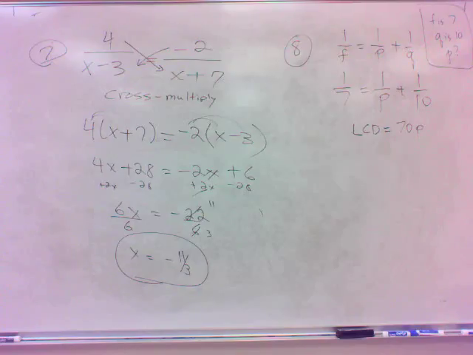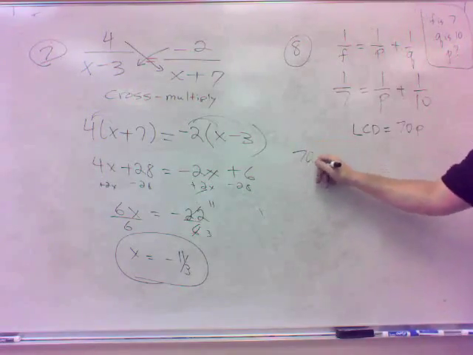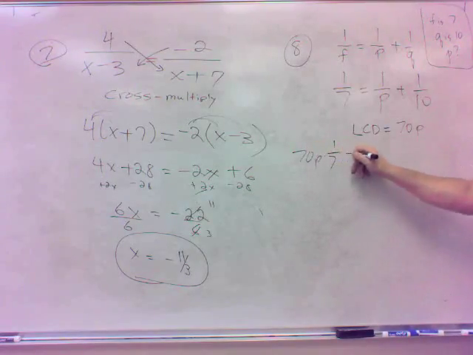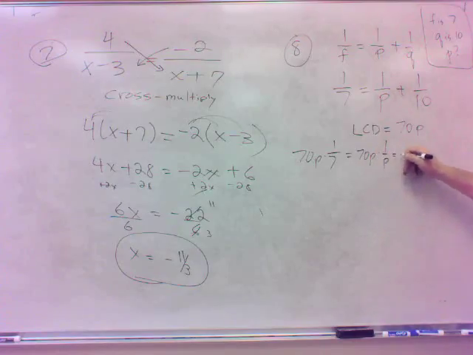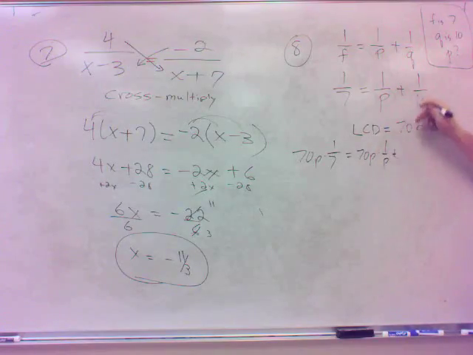70p is my LCD. Multiply that then by all three of those. 70p times 1 over 7. 70p times 1 over p. And 70p, whoops, times 1 over 10. Do a little canceling out.